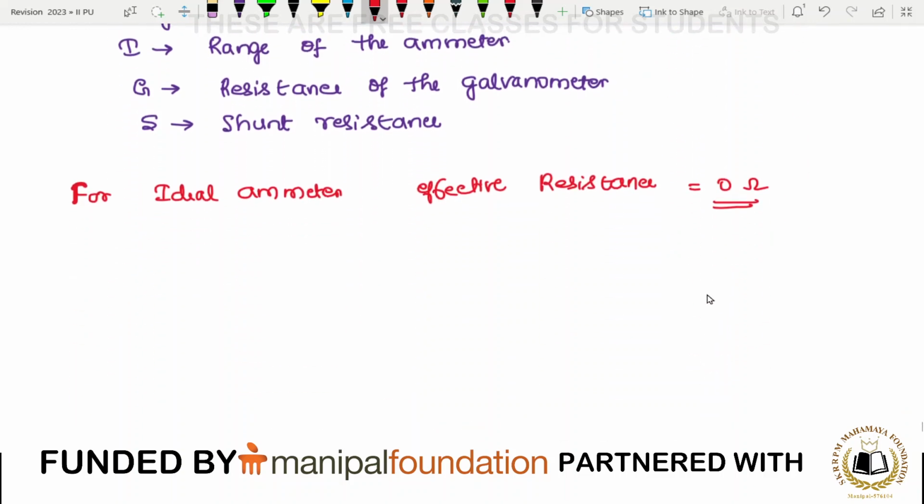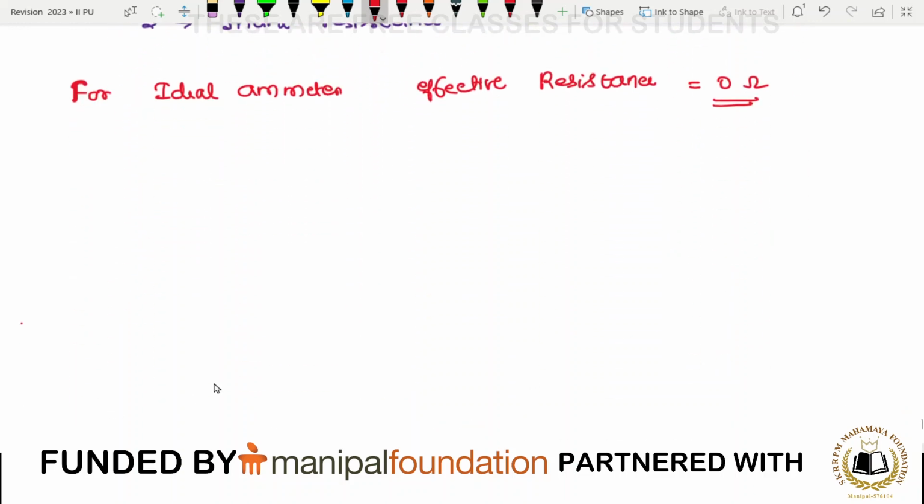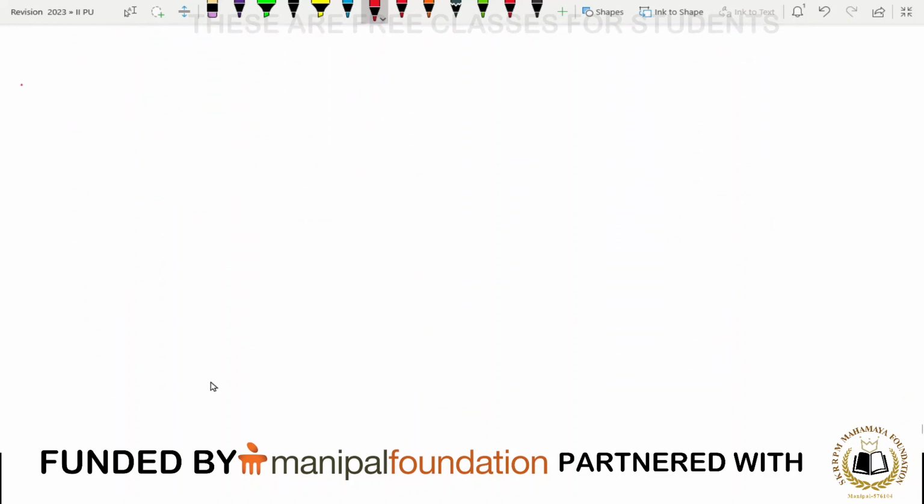Okay, so next we'll discuss conversion of a galvanometer into a voltmeter. So next question.